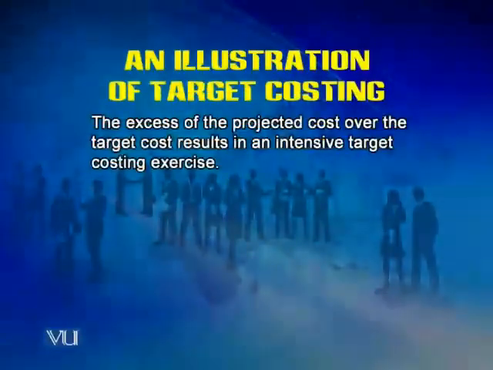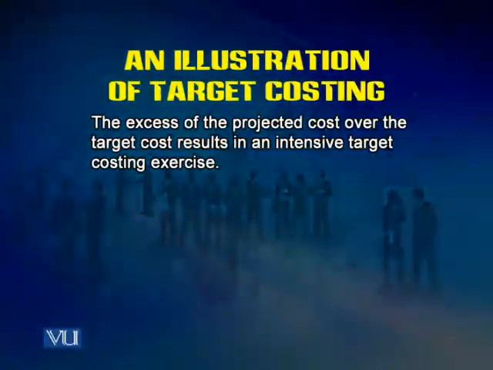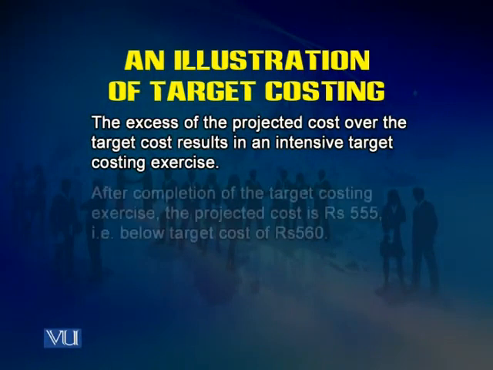So they will keep working and coming up with ideas and solutions to reduce the cost, looking at the cost at each stage until they reach the target and can come below it. The excess of projected cost over the target cost results in an intensive target costing exercise.